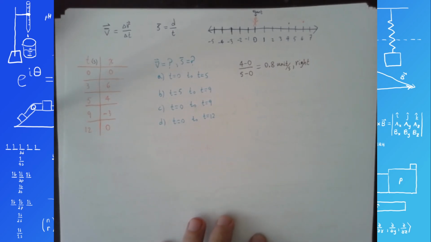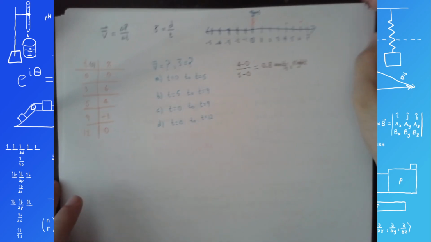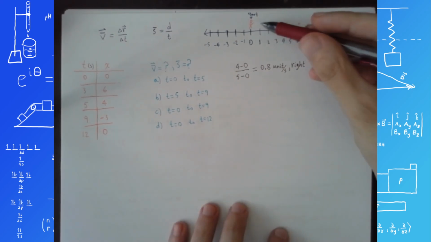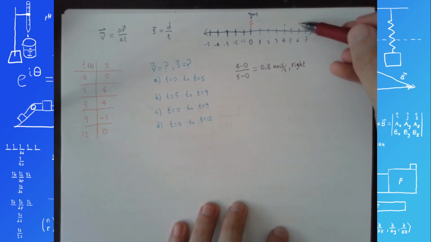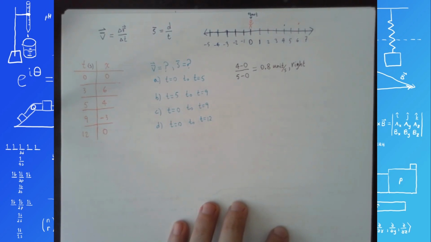So on their way to 6, they must have moved faster. They must have moved faster on their way from the start to 6 and then quickly got to 4 before 5 seconds were up. So we know that's not exactly how they moved, so don't be misled by the average.